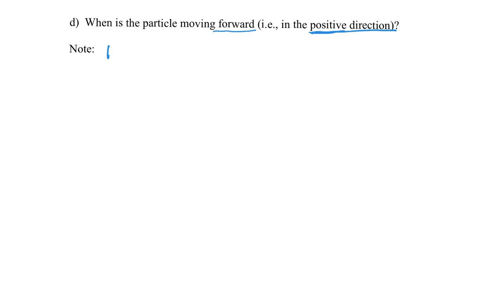So a little note here is the particle moves forward or to the right when the velocity function is positive. It moves forward when the velocity is positive. It moves backward when velocity is negative.